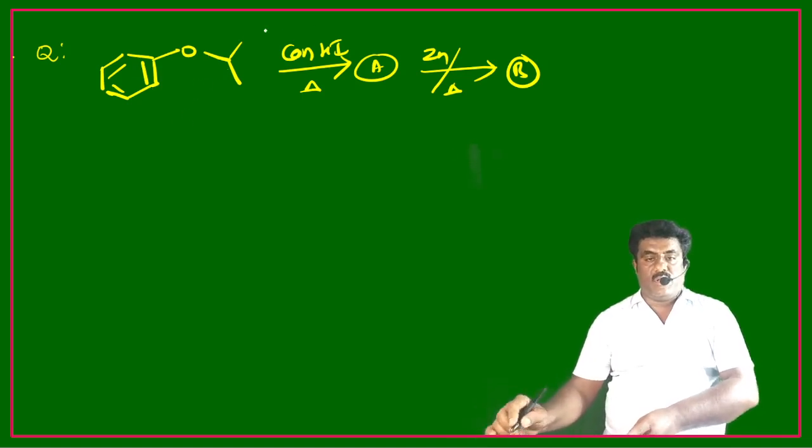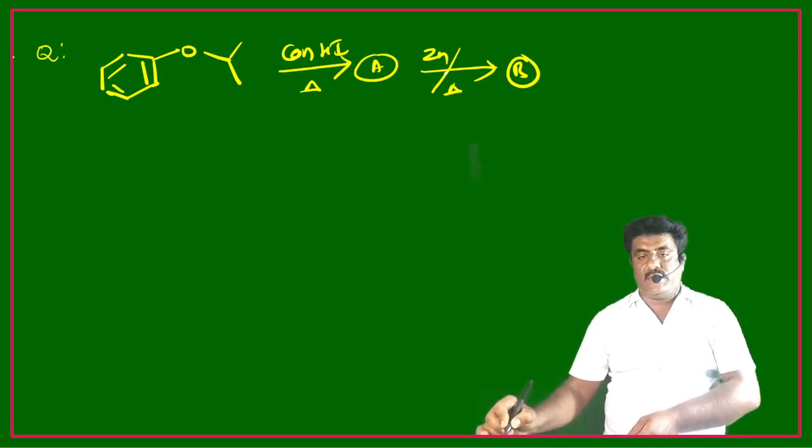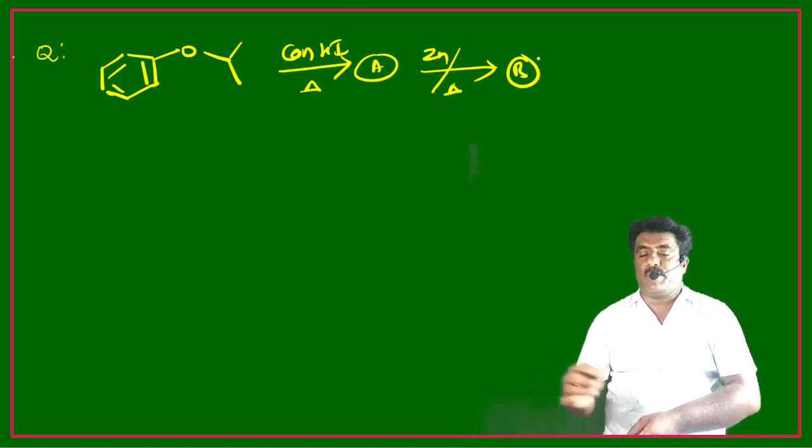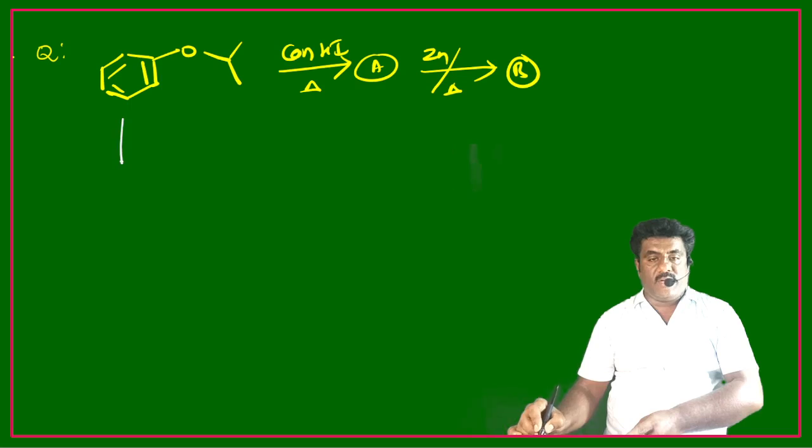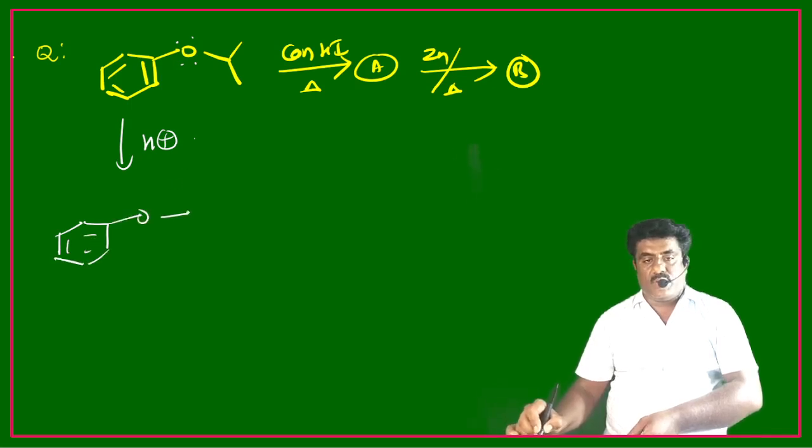See, concentrated hydrogen iodide, heating, A is formed, and zinc heated. What happened? If it is treated with H+, the H+ attacks. What happened?